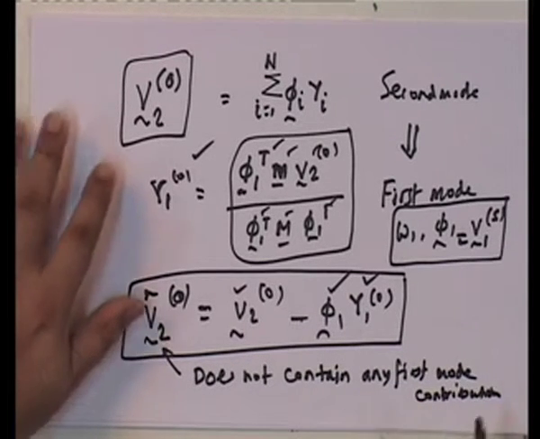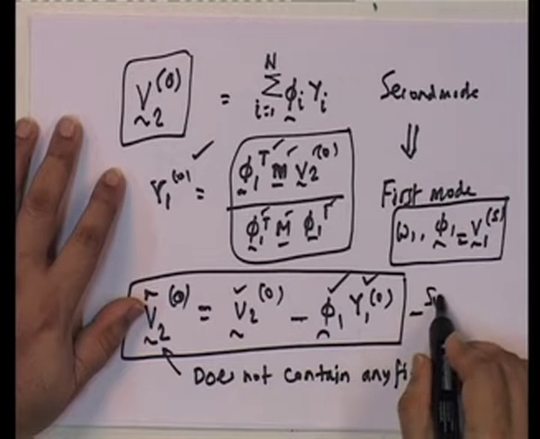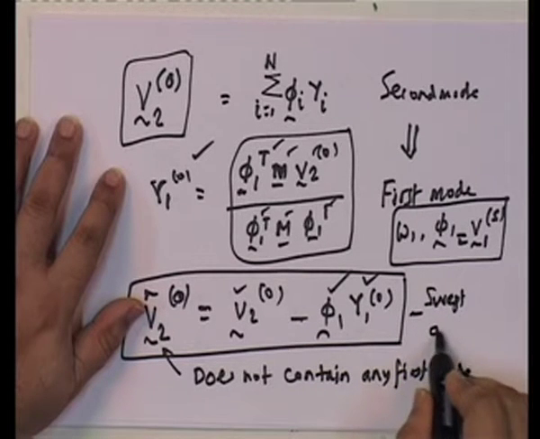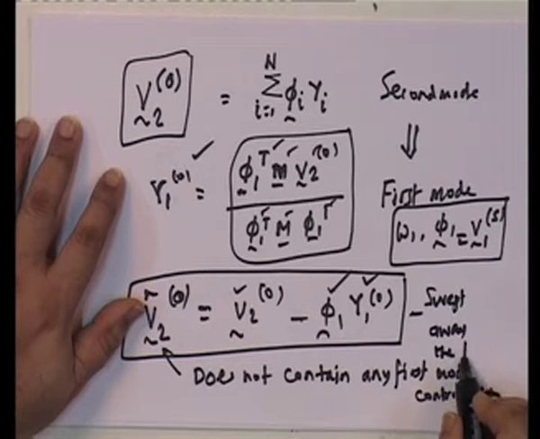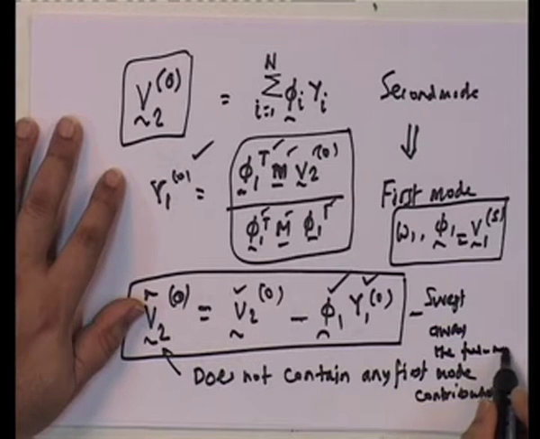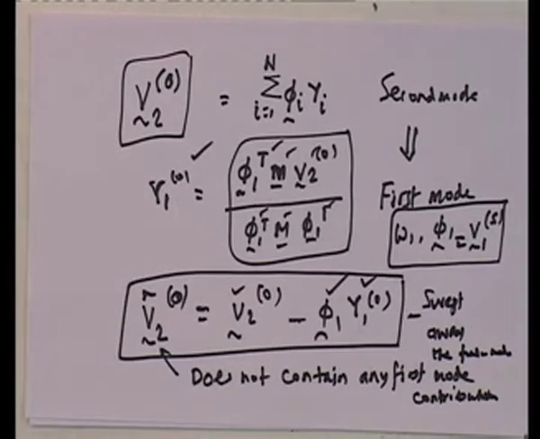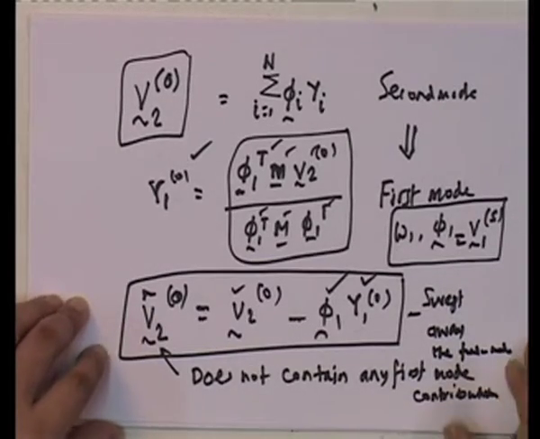So in other words, what we've done is we've swept away the fundamental mode. We've swept it away. Okay? If we've swept it away, okay, then what we do is the following.